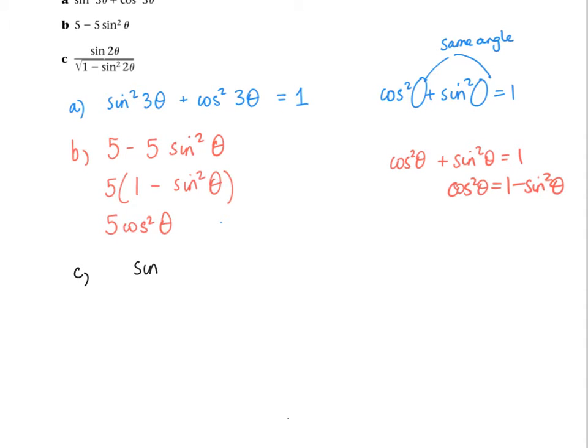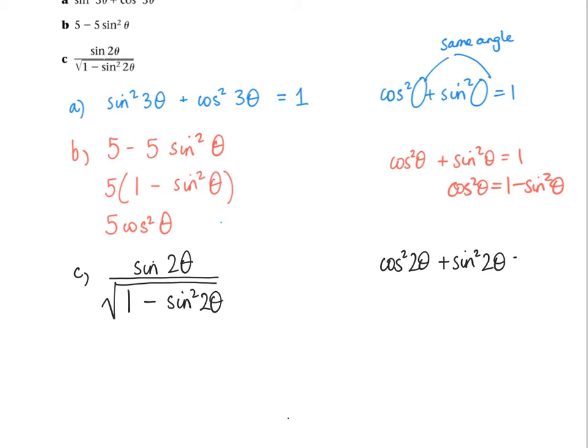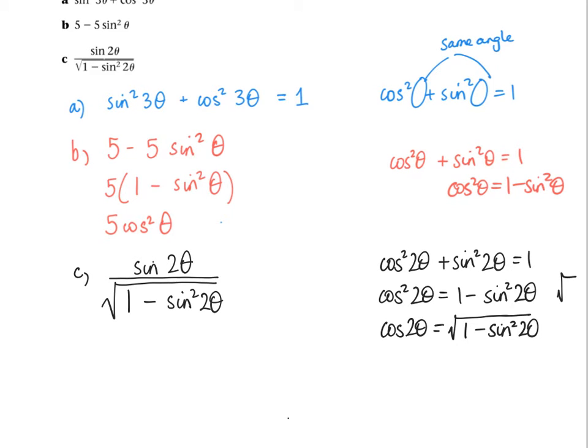And then looking at the third one, part C, we've got sine 2 theta divided by the square root of 1 minus sine squared 2 theta. Well, we know that as long as the angles are the same, cos squared 2 theta plus sine squared 2 theta is equal to 1. So cos squared 2 theta is 1 minus sine squared 2 theta, and if I take the square root of both sides, I get cos 2 theta is equal to the square root of 1 minus sine squared 2 theta.